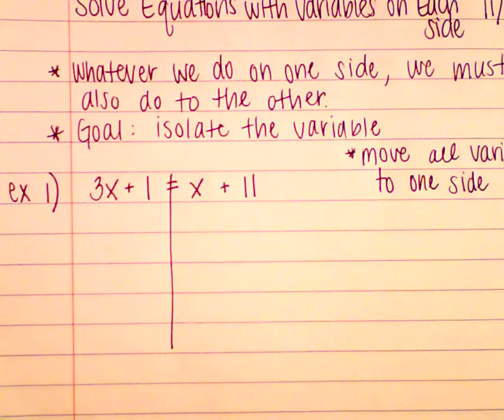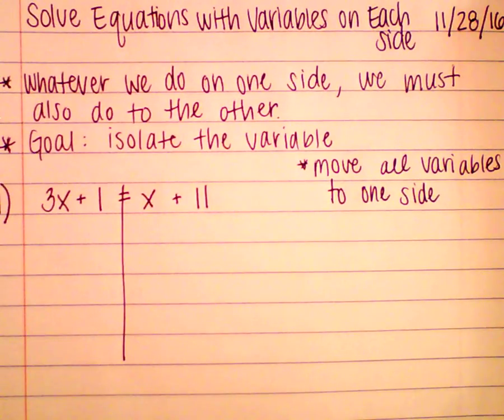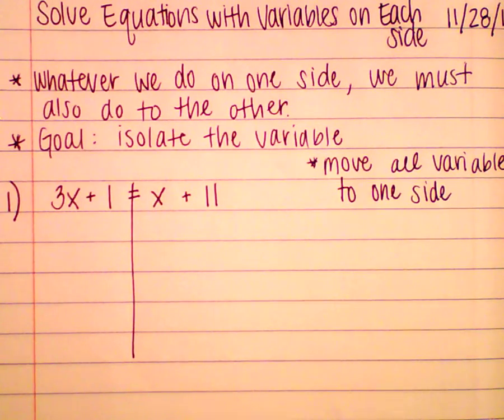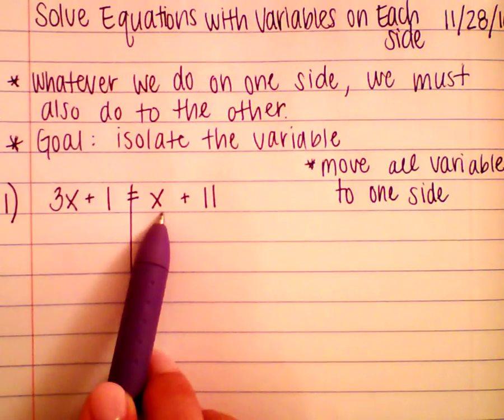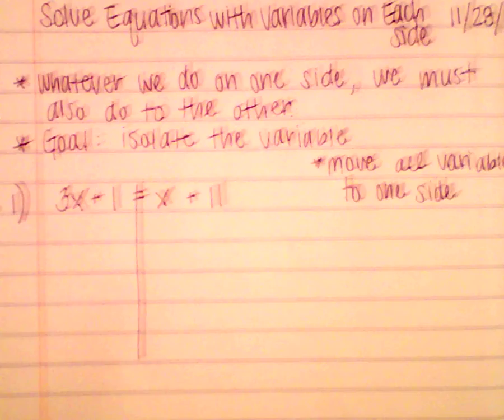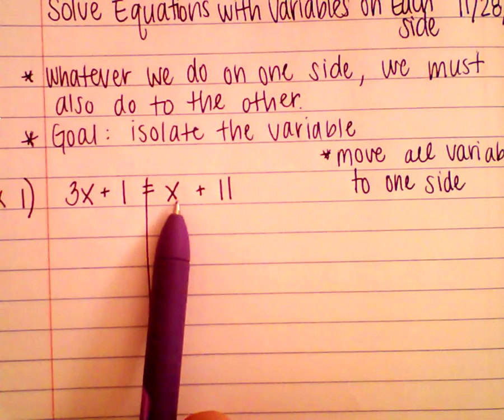Okay, move all variables to one side. So when I look at this problem, I have to think, is it going to be easier to move x or to move 3x? Ultimately, I should be getting the same answer if I do it correctly, but personally, I'd rather not work with negatives, so I'm going to take my value that's smaller and move it.